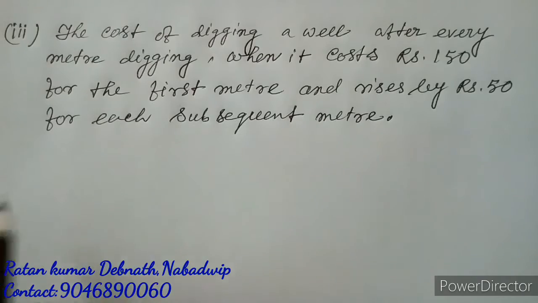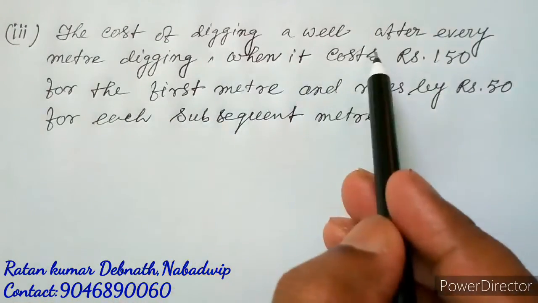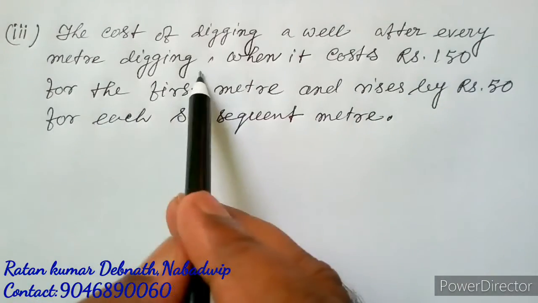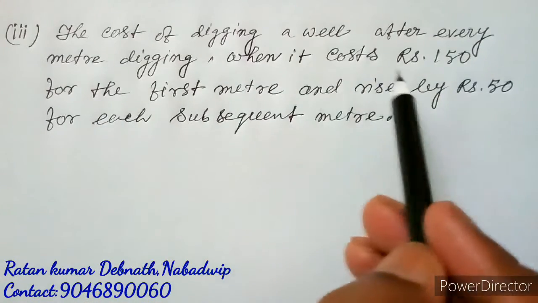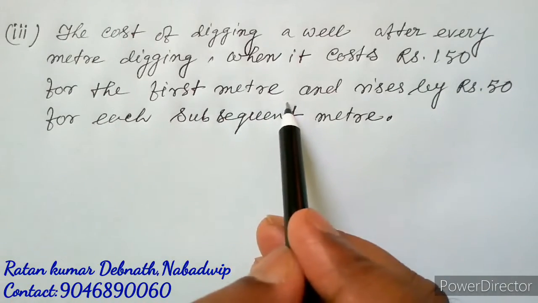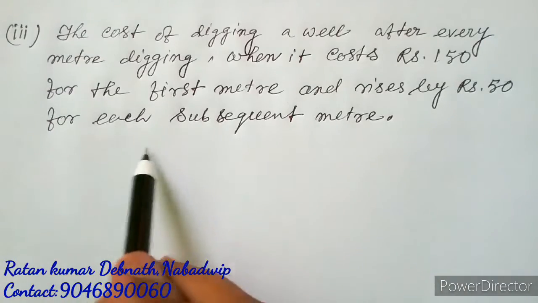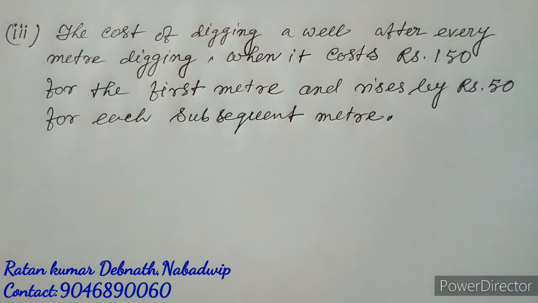Question number 3. The cost of digging a well after every meter of digging, when it costs rupees 150 for the first meter and rises by rupees 50 for each subsequent meter.